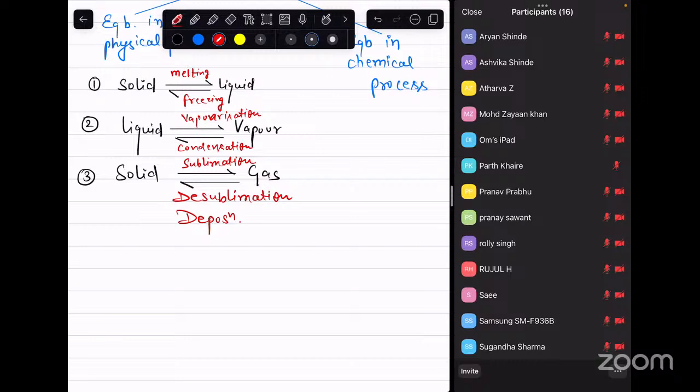But if both of them are taking place simultaneously at the same instant, in that case, some of the liquid will be converted into vapor, and some of the vapor will be converted into liquid. And if it is happening simultaneously, then there will be a situation in which the level of the liquid or water in the container will be the same.